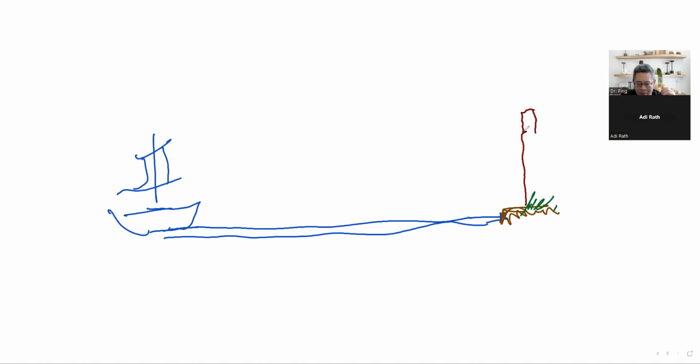If I have a tower like that, they actually used a tool.